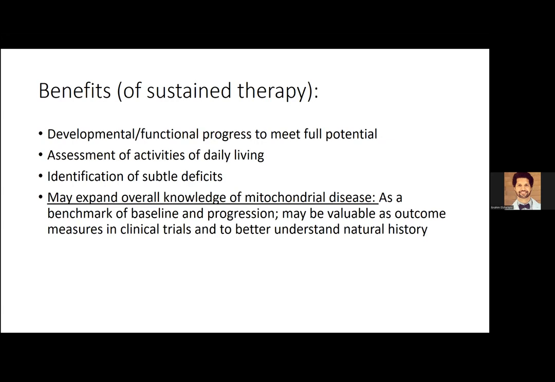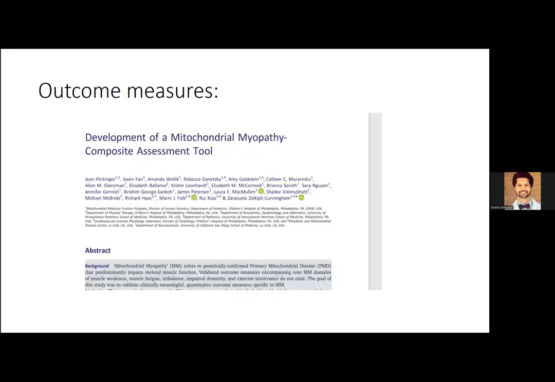Mitochondrial disease is very broad, and there isn't one thing we can look at where we can say with certainty that this goes down as the disease gets better or this goes up as the disease gets better across the board. And so physical therapy and assessing a baseline and having that be reproducible, that in itself can be an outcome measure that may be used in clinical trials. And then it also helps us better understand the natural history of many of these conditions.